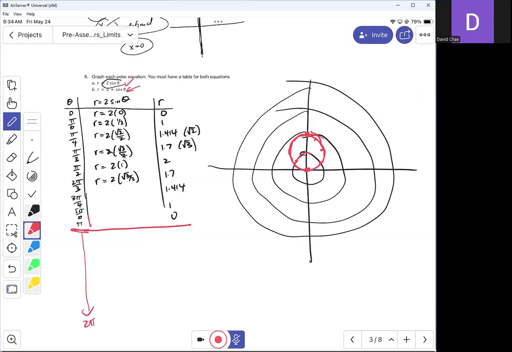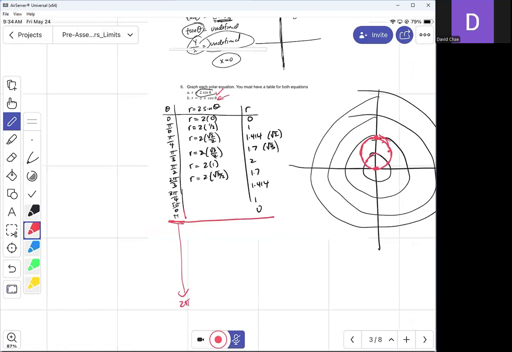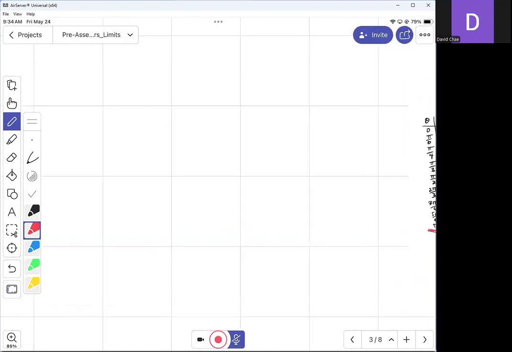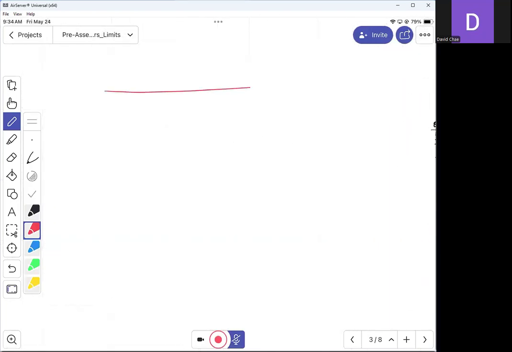because it's not a circle. Okay, it's a limaçon, right? And we talked about that before. All right, and so let's put a table together here. This is probably the longest problem of the test.